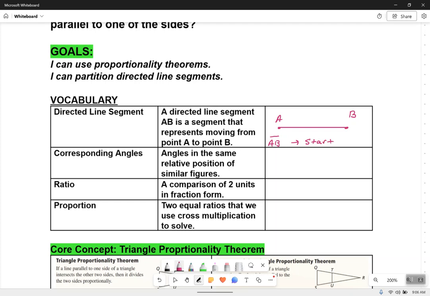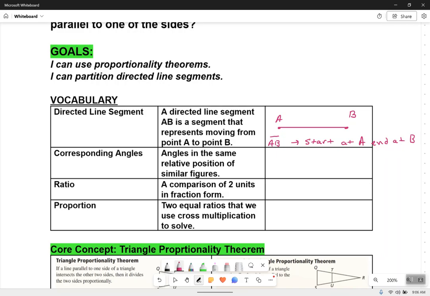What's listed first in that? Start at A and at what? Yeah. Okay. So a directed line segment, AB. Start at A, end at B, okay?